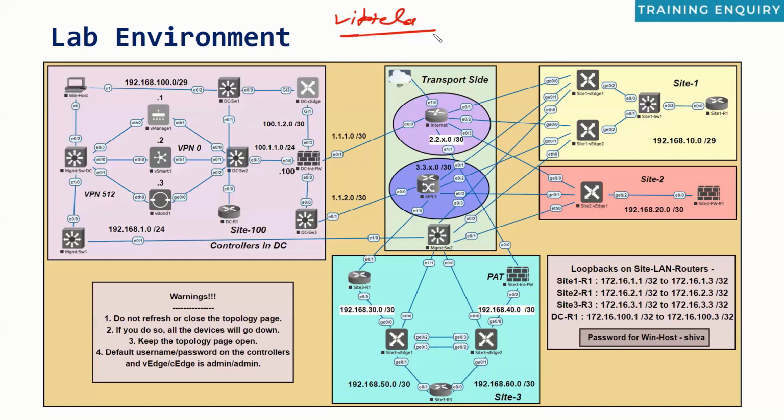Now, Cisco does not really recommend using the Viptela routers, because Viptela routers have limited functionality compared to Cisco routers. But you would still see that a lot of customers are using Viptela routers. When I say vEdge, those are Viptela routers. When I say cEdge, those are Cisco routers. I hope that answers your question.